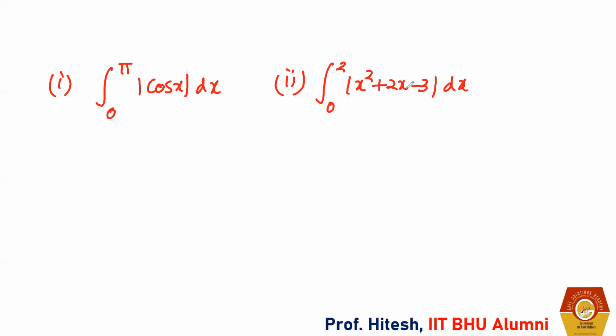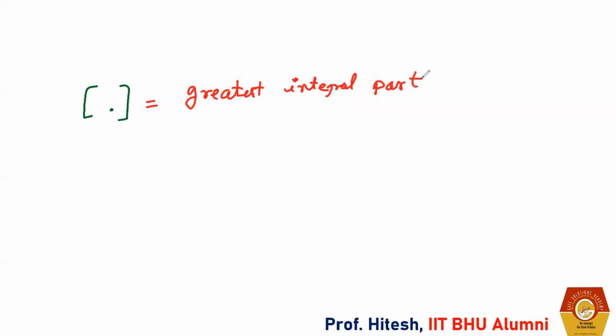Next question is based on the greatest integer function. Let me clear this. When the function is in a bracket like this, any value like this, this is called the greatest integral part. Because it is in integration, otherwise it is called the greatest integer function. Let us say it is x.